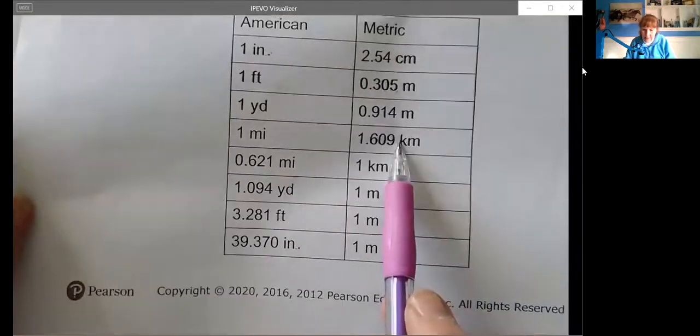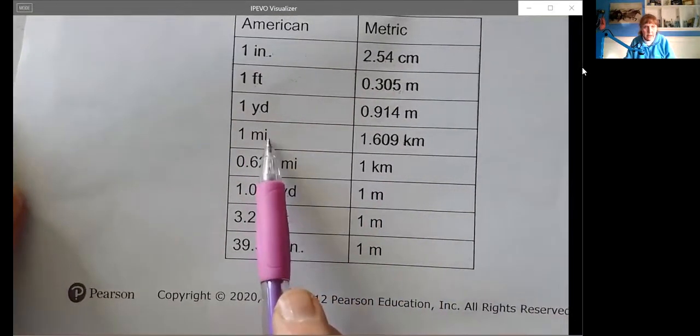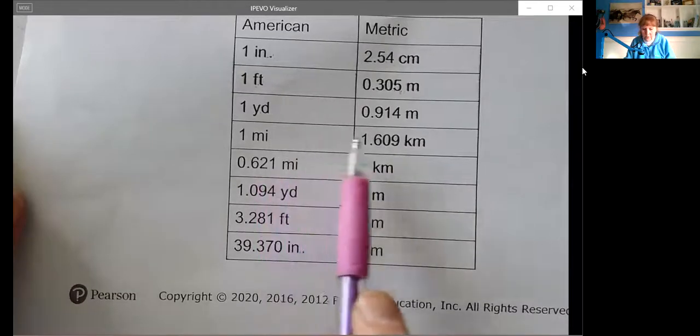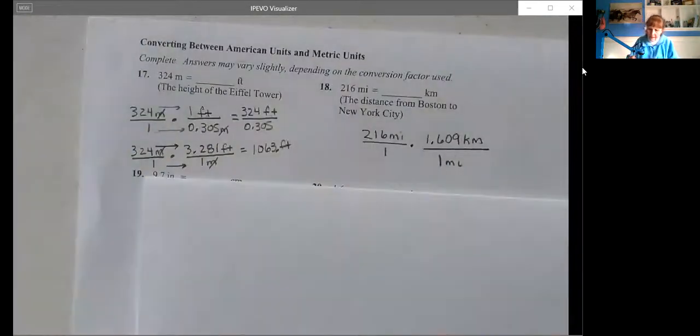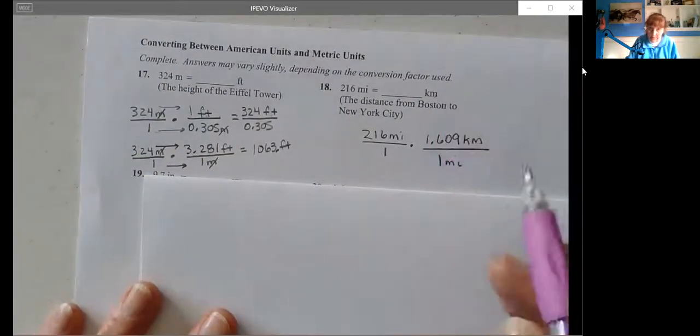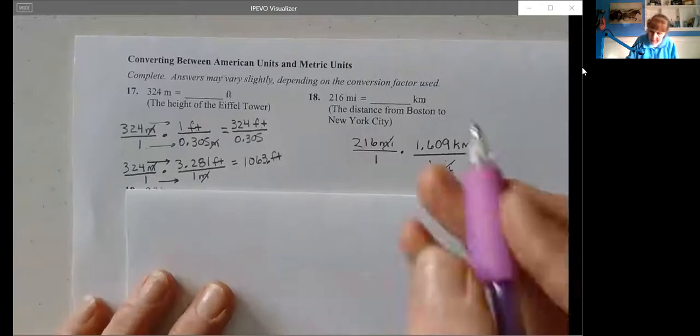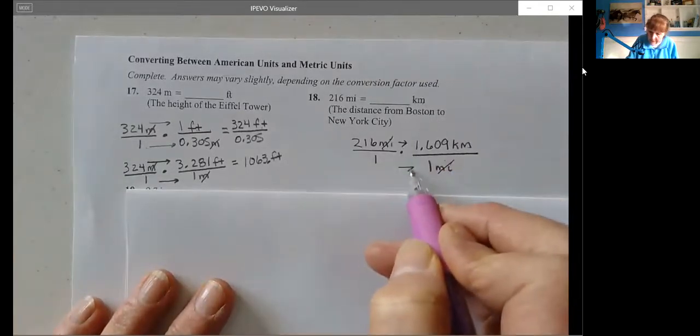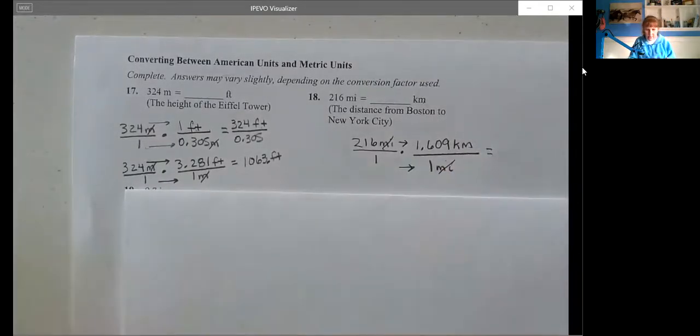So I put this in the numerator and this in the denominator. These are equal to each other because I wanted the kilometers. So miles cancel, and we'll just multiply straight across. Looks like we'll have another 1 in the denominator, so we can ignore that. 216 times 1.609.